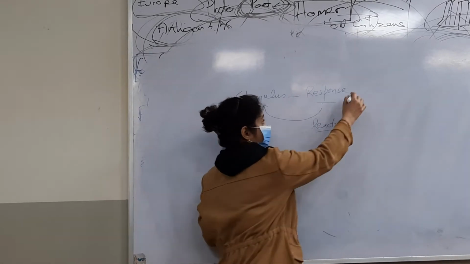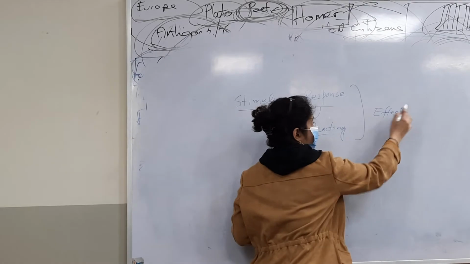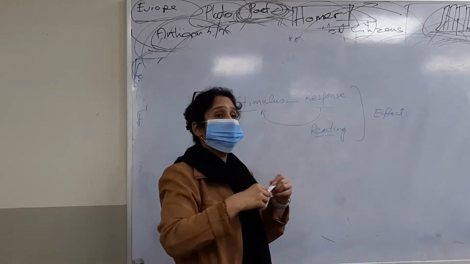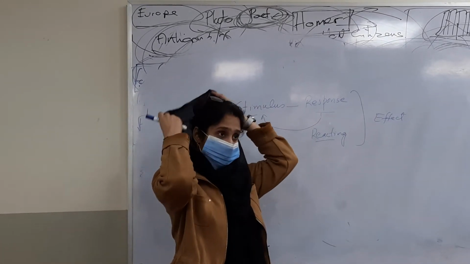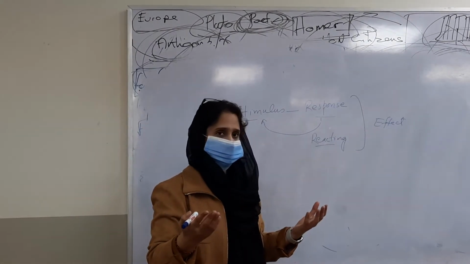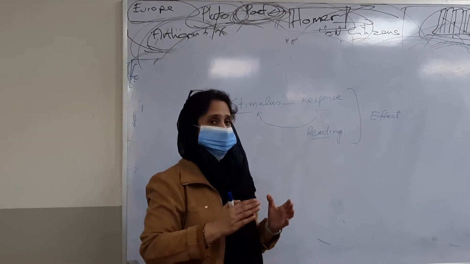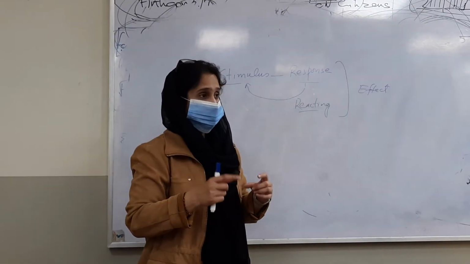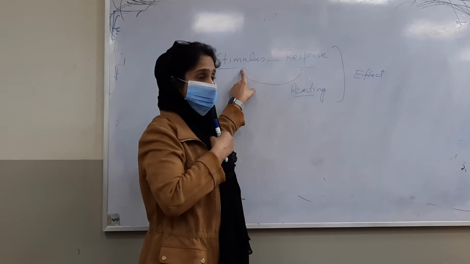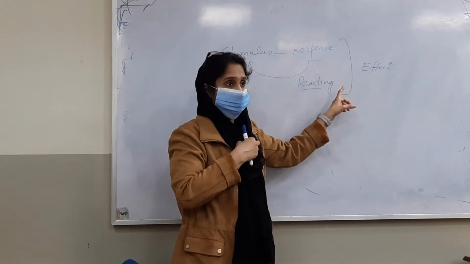Again, I have told you earlier in my PowerPoint that the stimulus response model is related to the effects of mass communication. So whenever an advertiser produces a message, let's take an example from the field of advertising, he is producing a stimulus because he wants consumers to respond in a particular way.